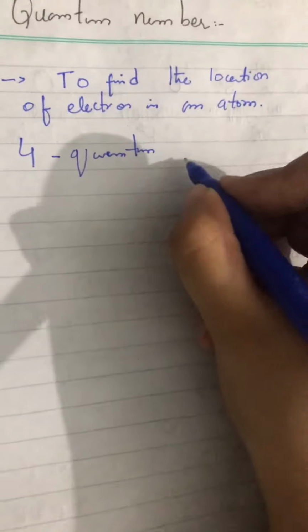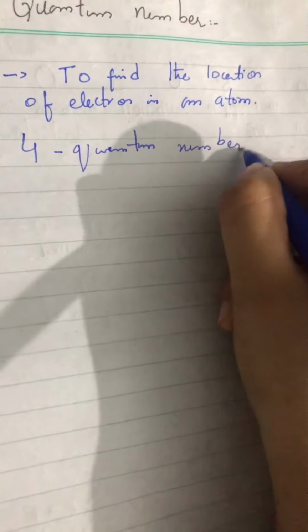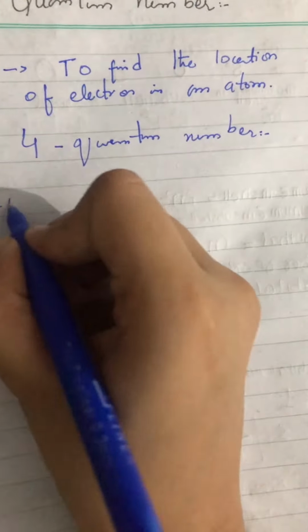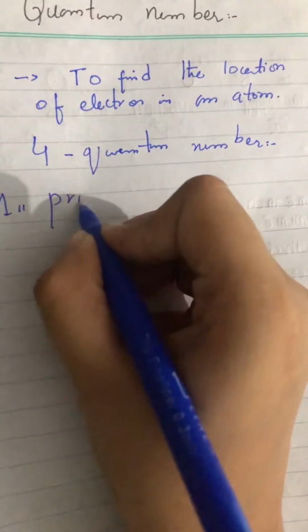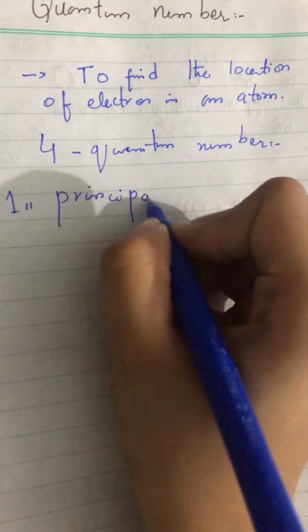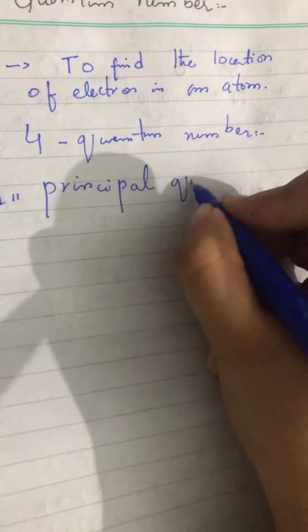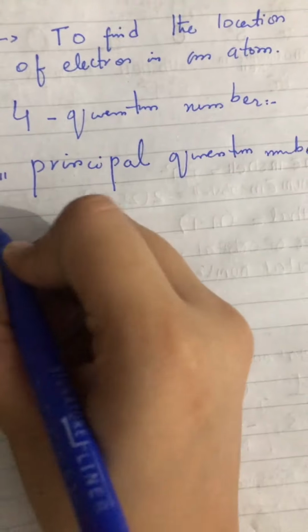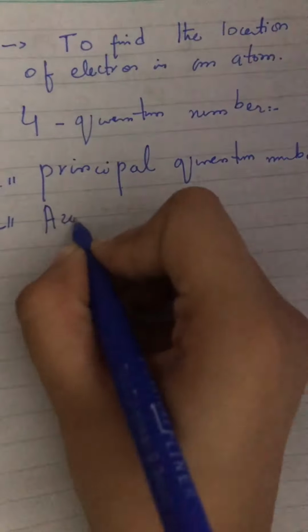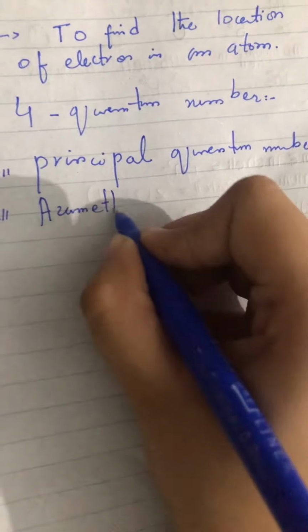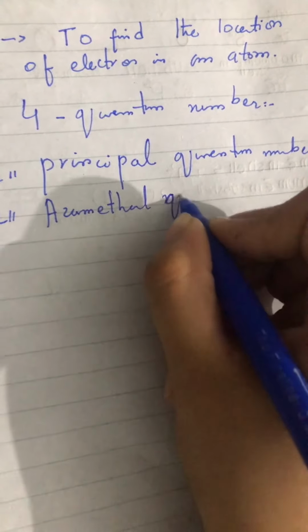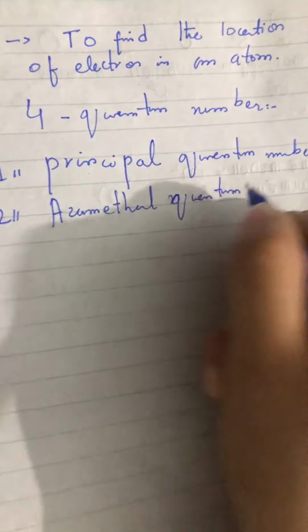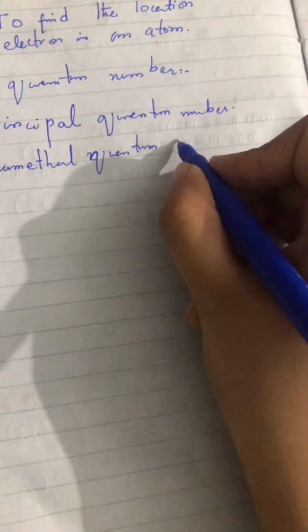4 quantum numbers. Number 1 is principal quantum number. Number 2 is azimuthal quantum number.